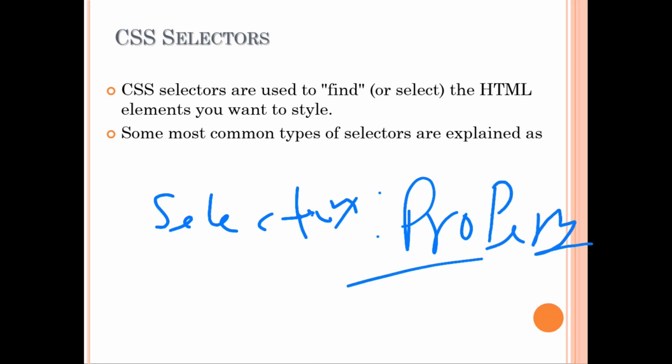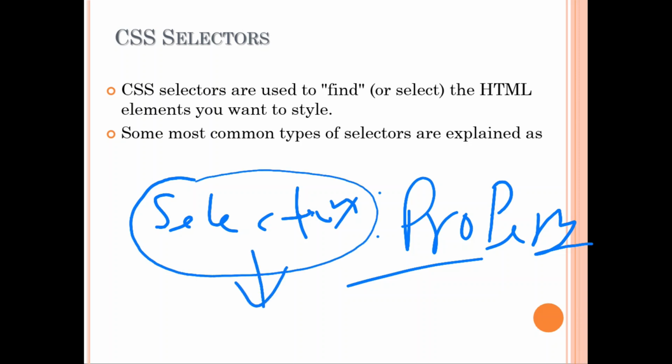Till now we have learned that these selectors are our HTML tags like heading tags, p tags, or any other HTML tags. These are called HTML selectors or simple selectors. CSS provides us another way that we can create our own selectors as per our needs.